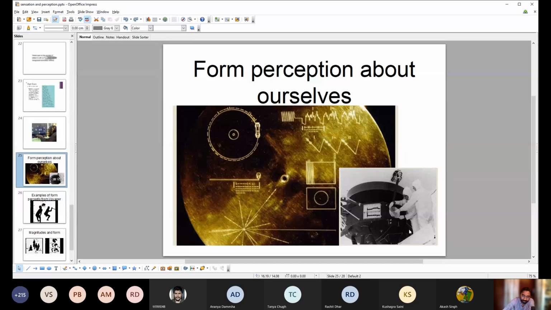This is a gold plate stuck to the Voyager spacecraft that was sent to outer space by NASA. The main engineer's goal in that project was to have different forms etched on this gold plate to represent different concepts from Earth.